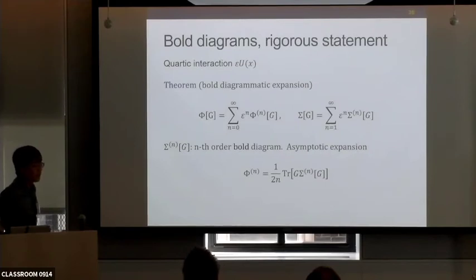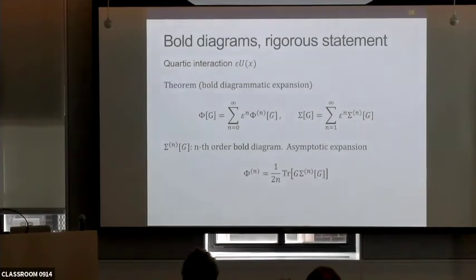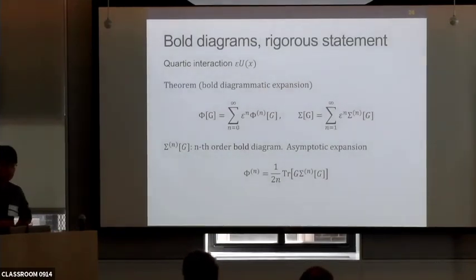Which means that we can have a non-perturbative construction of the Luttinger-Ward functional in this particular context, and show through a non-perturbative argument that the Luttinger-Ward functional and its functional derivative sigma have an asymptotic expansion, and then show that the asymptotic expansion coefficients exactly coincide with those of the bold Feynman diagram.